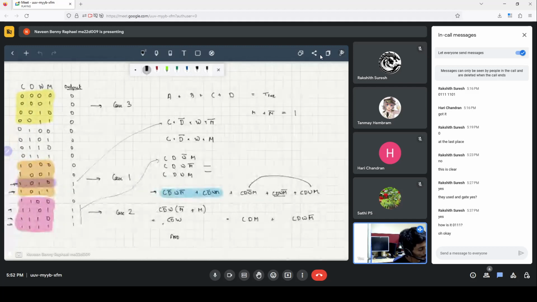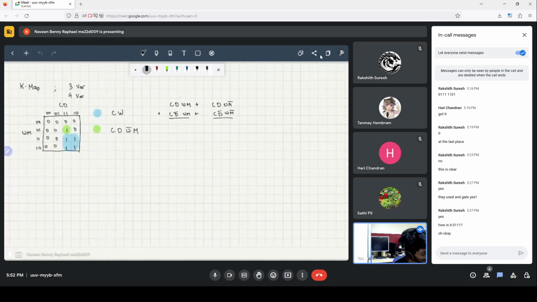Earlier I was only able to add this and these two. But here I can add these four to get CW, because we have M and M prime common, and D and D prime common, so all of this will evaluate as CW. So the final expression is a simpler CW plus CDW prime M.